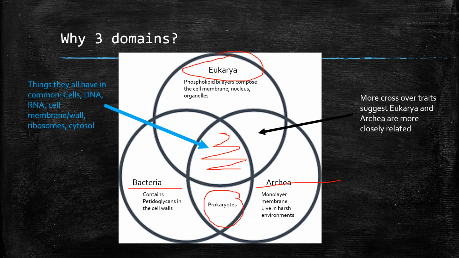There's a slight difference between them in that bacteria contain what we call peptidoglycans in their cell walls, and we'll talk about that a little bit. And then the archaea prokaryotes have a monolipid membrane, and they are the ones that live in harsh environments. So if you think deep sea thermal vents, that's where you're going to find your archaea prokaryotes.